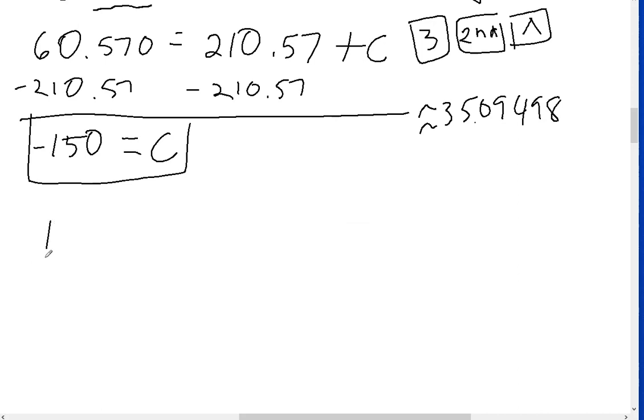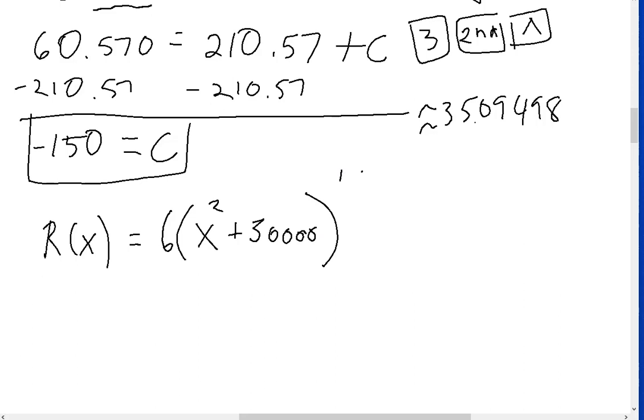Now that means we know the whole revenue function. We have 6 times X squared plus 30,000, all of that is to the 1/3. And now we know the C is minus 150, so our plus C is minus 150, or plus negative 150.